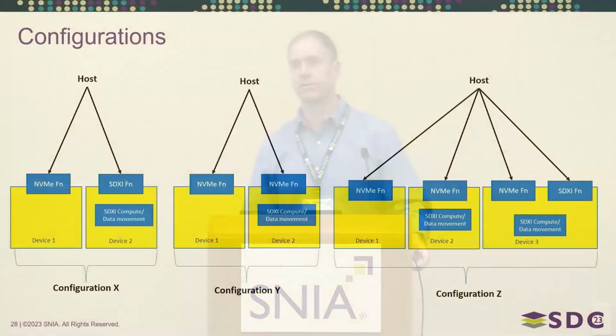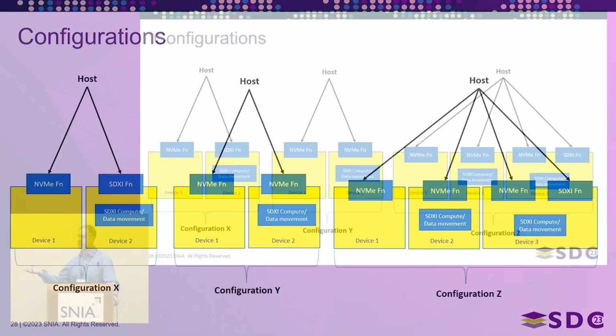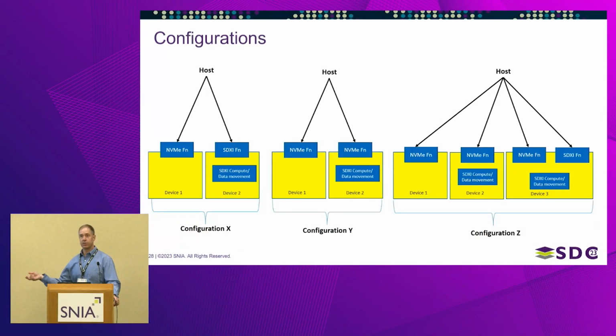And I think that's exactly, if I can go back one slide, part of the goal here for sure. So not every device has SDXI as shown here, but I think the key is as long as the address is visible to the SDXI that's being used for the operation, then it can go get that data from that memory and bring it over to its own device or send something over there.